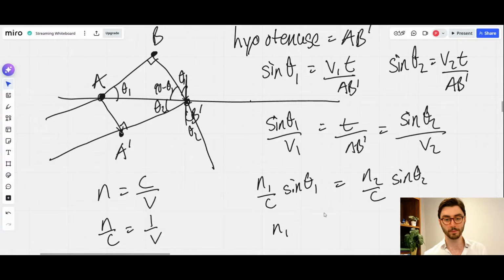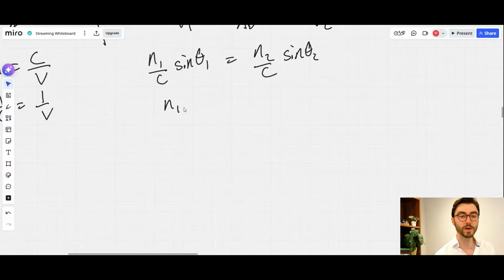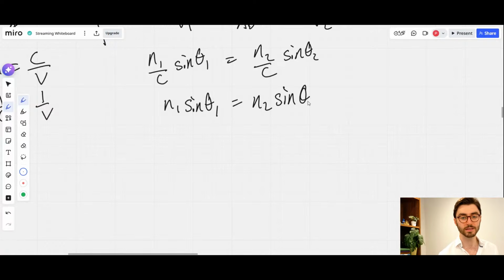And you get Snell's law. Rare question, not an impossible question, because it is covered in the textbook, so it is technically examinable. So that tells us refractive index and Snell's law giving us refraction.